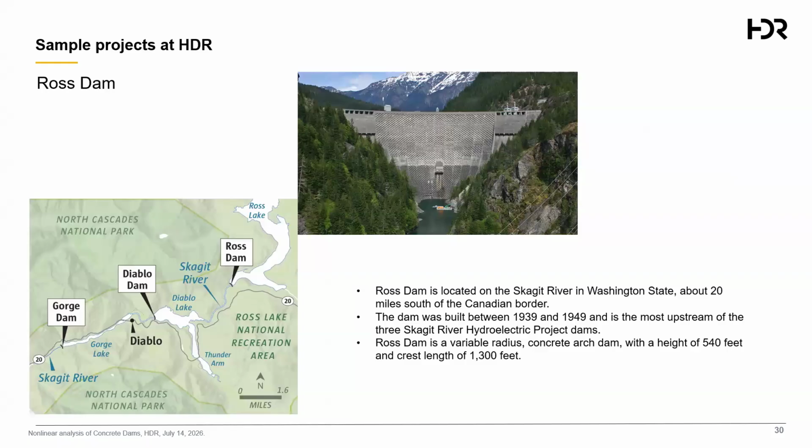We may need to do another simpler model for that part to look at that area more closely, to make sure that the meshing quality doesn't affect the results of the overall response of the dam.